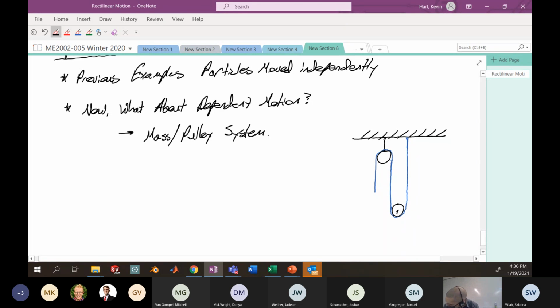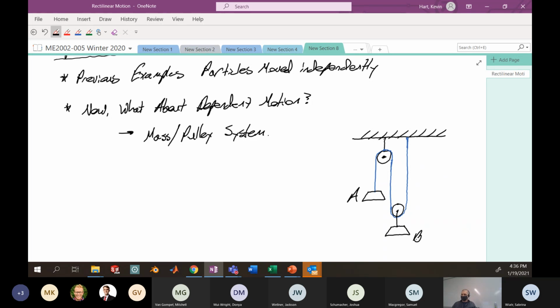And you've got some mass that hangs off this guy, and you've got some mass that hangs off this guy. The classic problem. And let's say that this mass is at A, and this mass is at B. This is a situation of dependent motion, because if A moves, B will move.